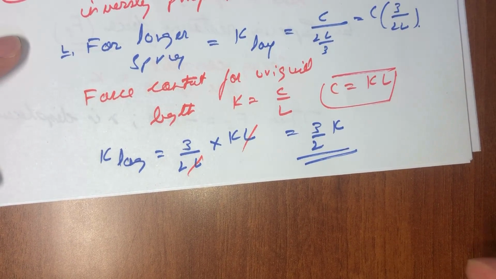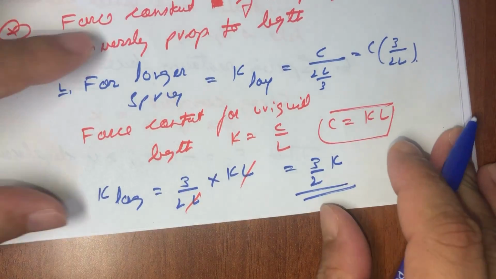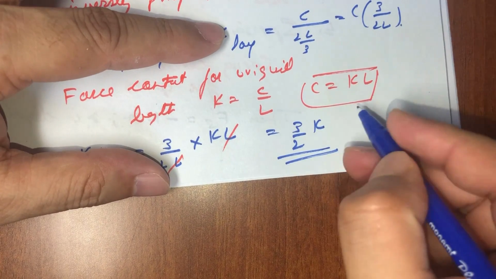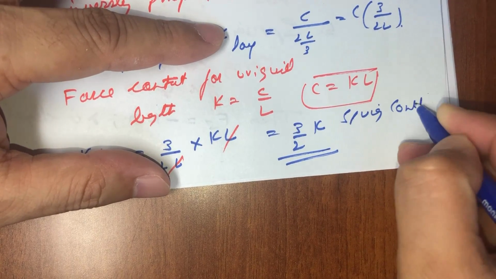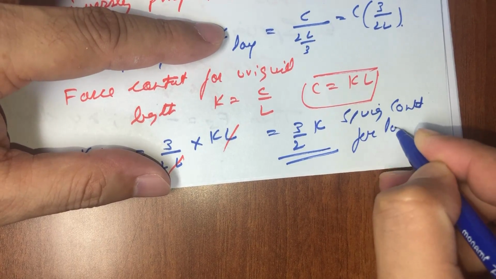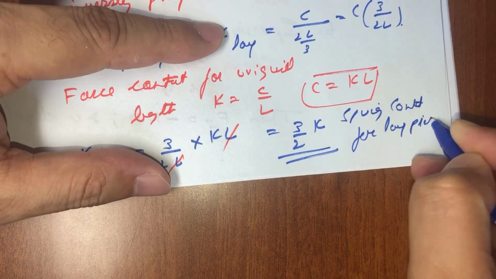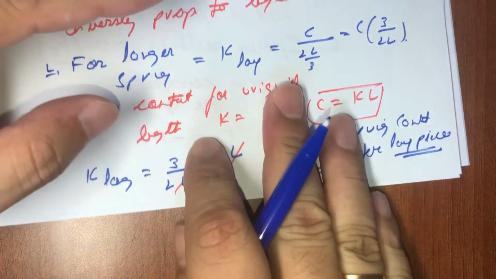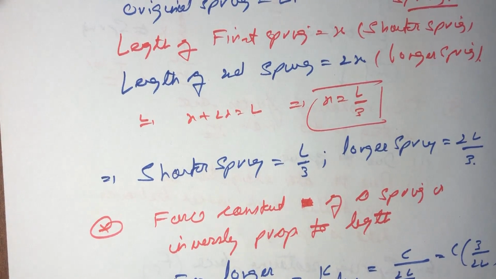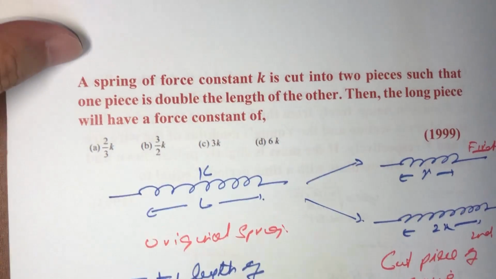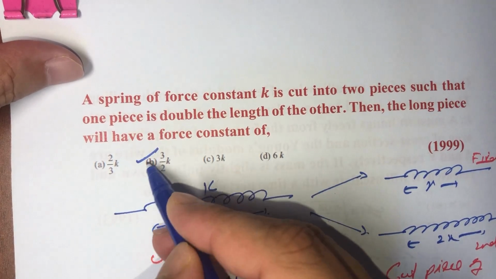So this is the spring constant for the long piece. So we check the options, it is 3 by 2K. So option number B is the correct option.